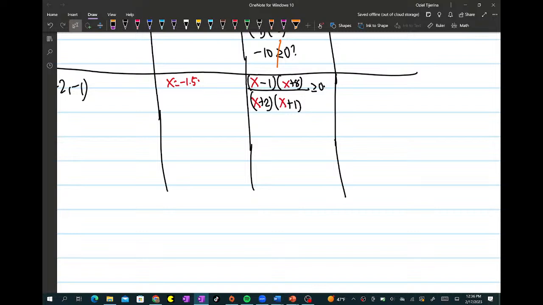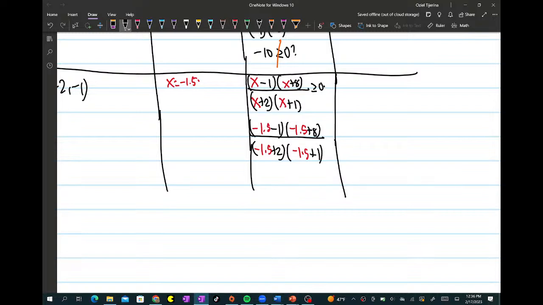And we're going to do negative 1.5. So when you do that, negative 1.5 minus 1 times negative 1.5 plus 8, over negative 1.5 plus 2 times negative 1.5 plus 1.